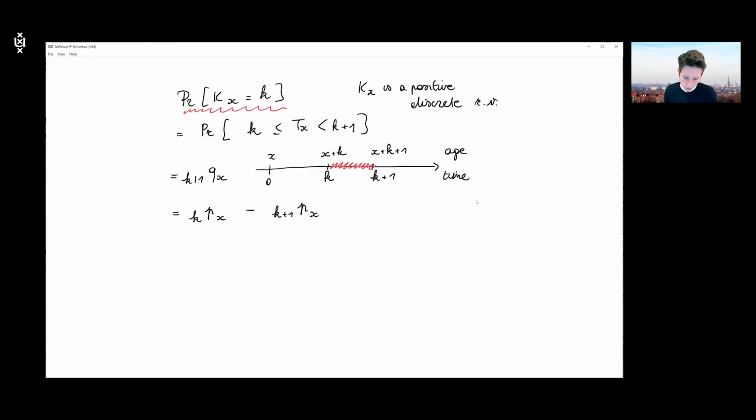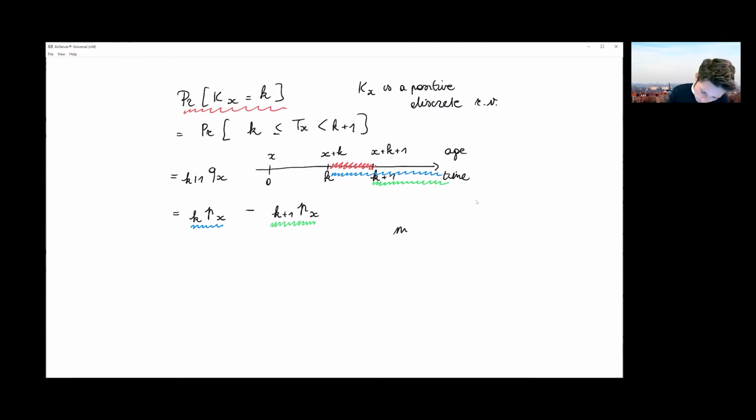If you don't see that immediately, I would recommend you to picture this on the line. The probability kpx is the probability to go beyond age x plus k. If you subtract the probability to go beyond age x plus k plus 1, so if you start from the blue guy and subtract the green guy, then you're left with the area in red. That's what we want.